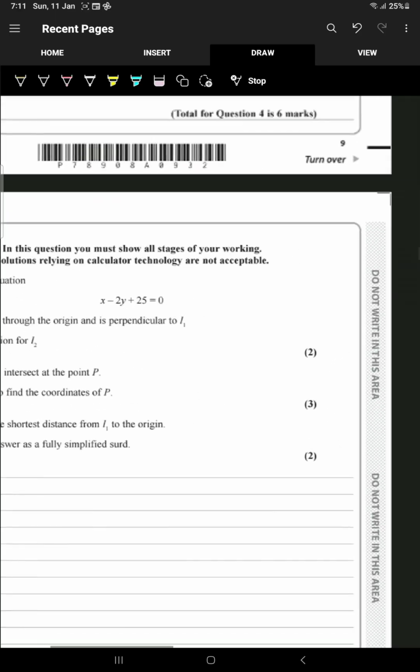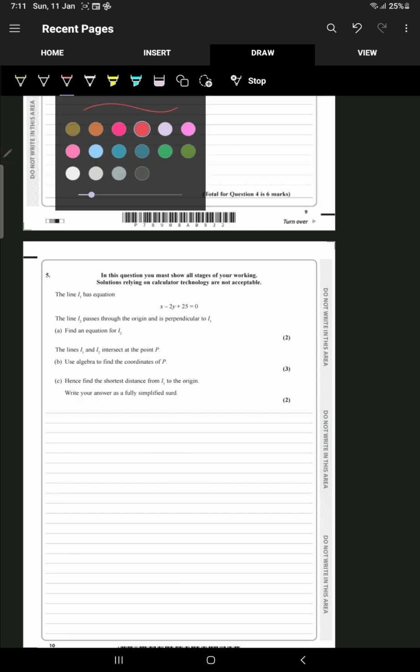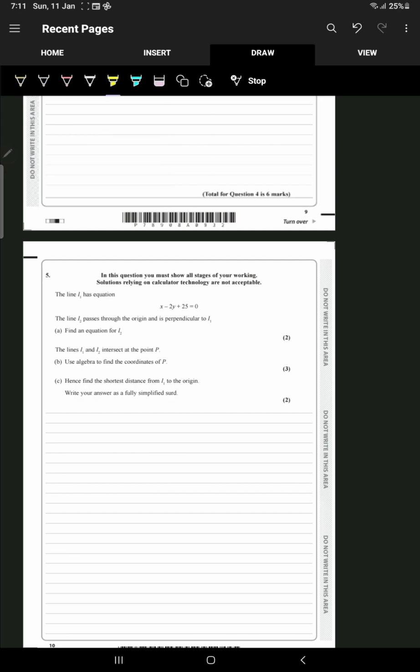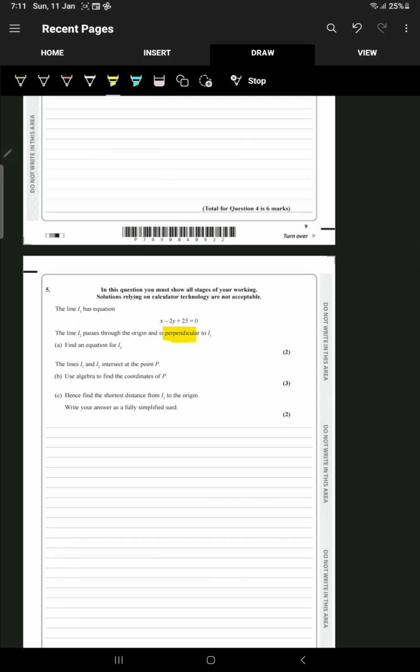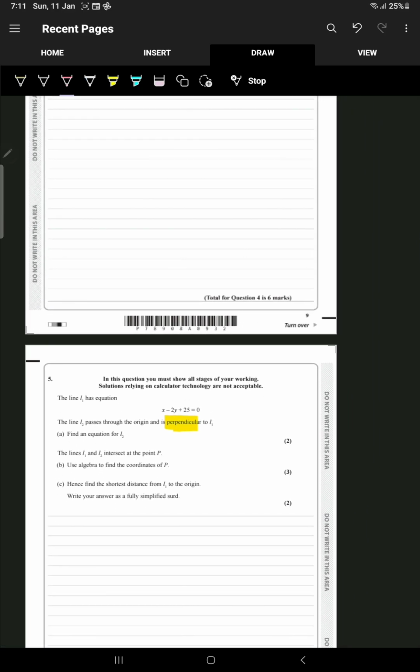All right, so we have L1 and L2, which passes through the origin when it's perpendicular. Okay, perpendicular, you have to highlight this. Find an equation for L2, and L1 is x minus 2y plus 25 is equal to 0.